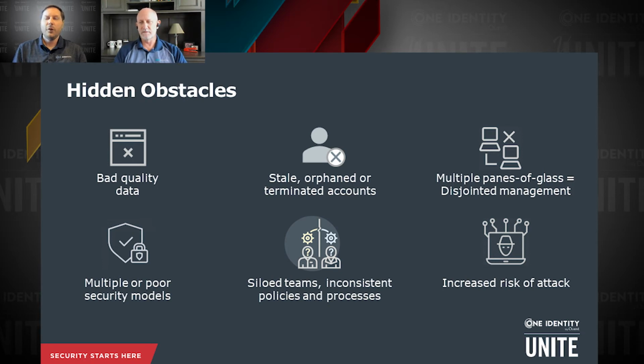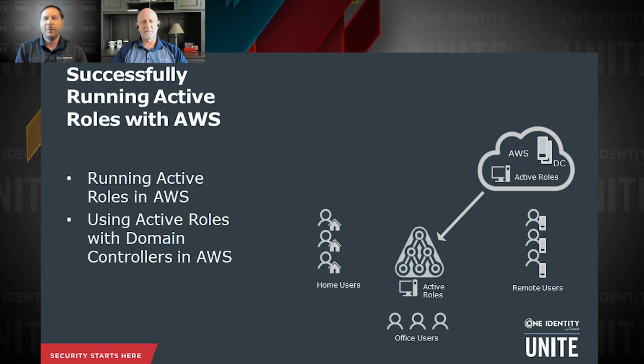Yeah. So Dan, do you want to talk to us a little bit about AWS? Please. Briefly, we're going to talk about AWS, but not in the same regard as Azure, because of course Office 365 is tied to Azure. With AWS, there's a great opportunity if you have AWS in your environment and want to bring Active Roles into that cloud scenario.